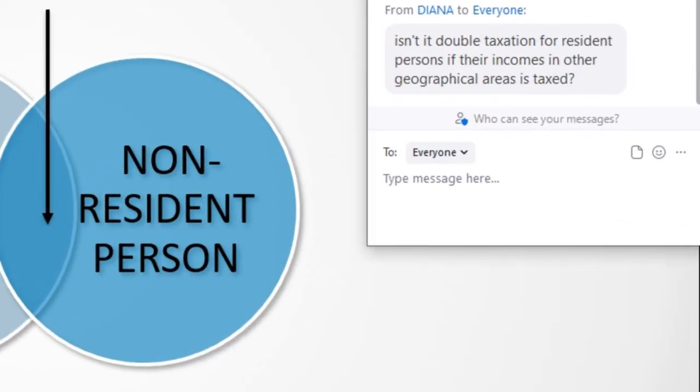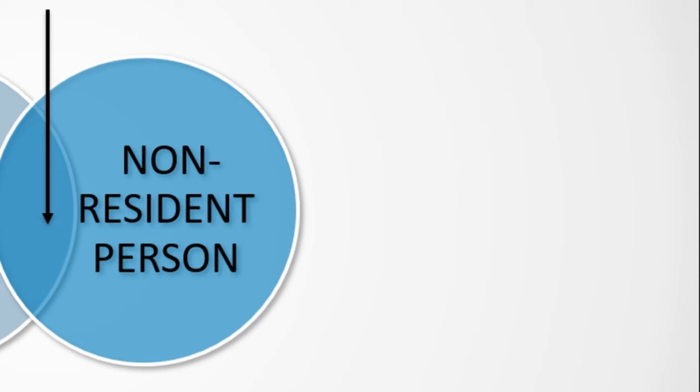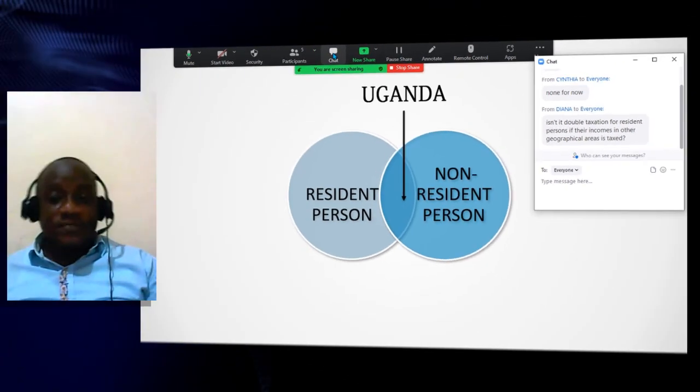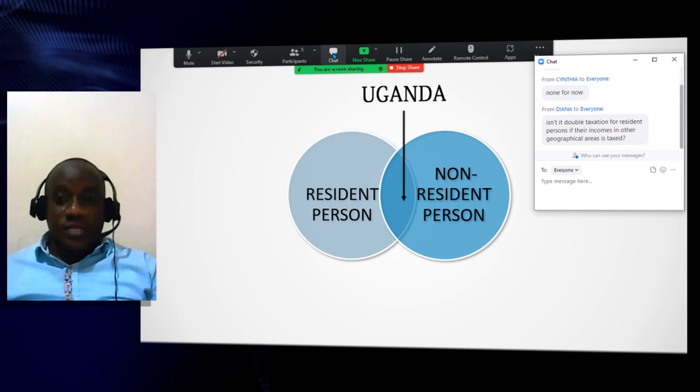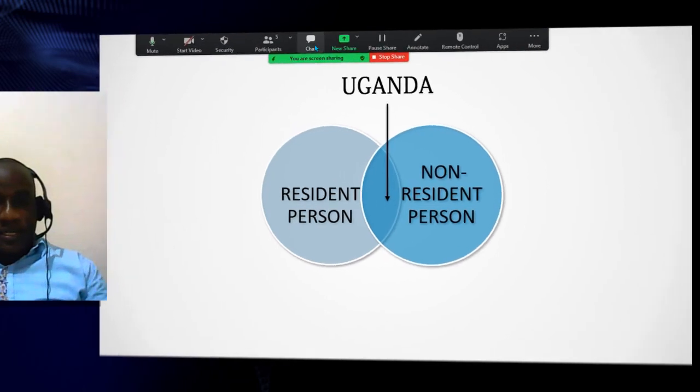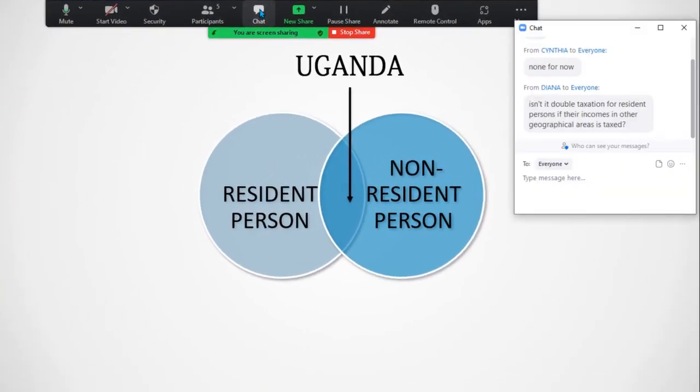So the issue of double taxation is going to be seasoned away because the law is going to allow you to offset as long as you have evidence that you have paid taxes in a foreign country. As long as the evidence is there, you're going to be given that relief. Is that okay? Have I answered that? We're going to see that in the discussion ahead.